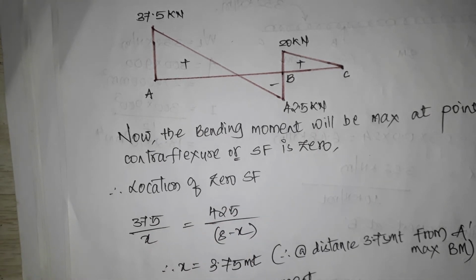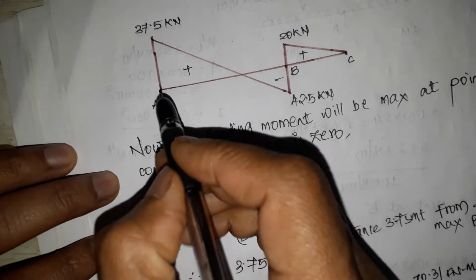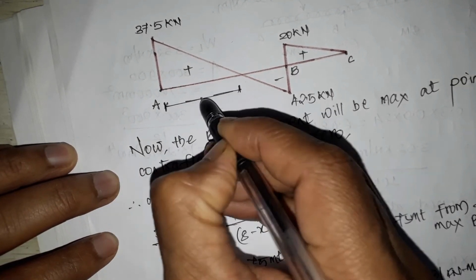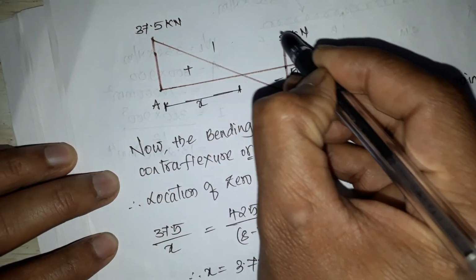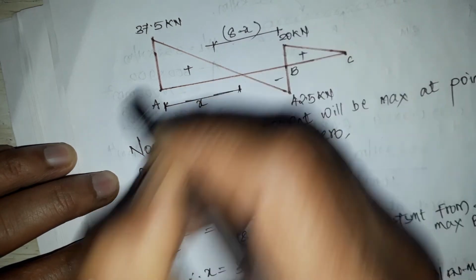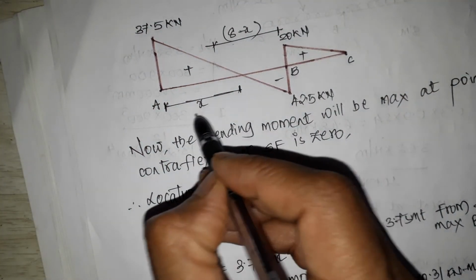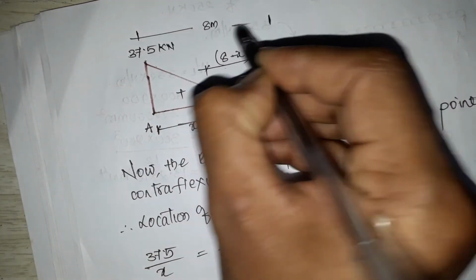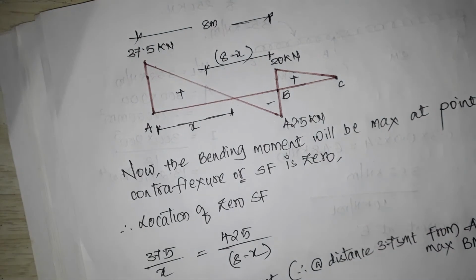Now I'll consider the distance from here to here as x, and the remaining distance will be 8 minus x, understood. The total from here to here is 8.